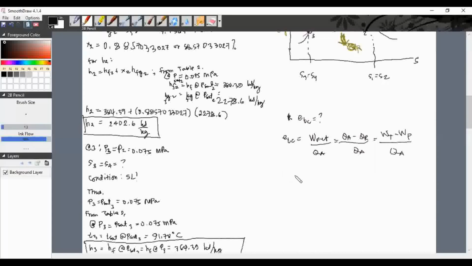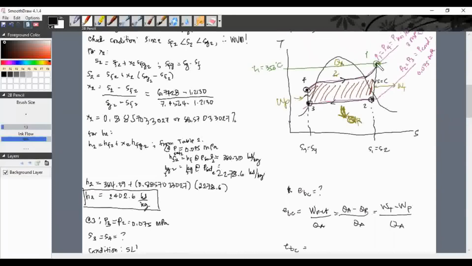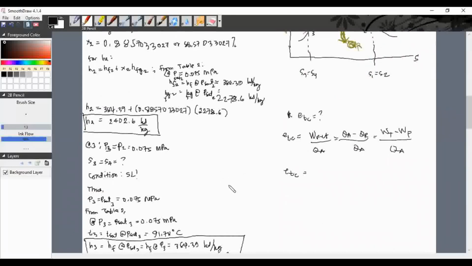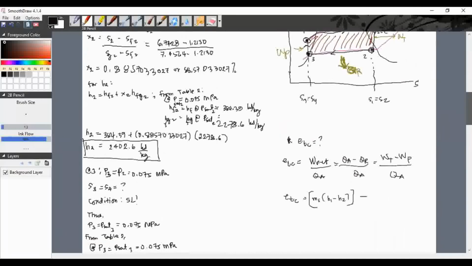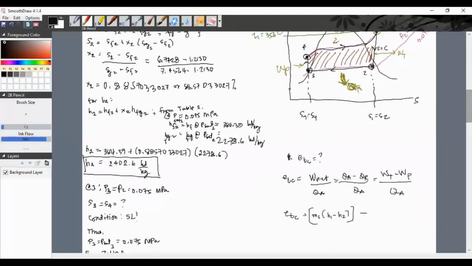So, E sub TC. So, work ng turbina, ayan, di ba? Ito yun, dito. So, that is H1 minus H2. So, work ng turbina is mass of steam times H1 minus H2. Minus work ng pump, no? Work ng pump is H4. Ayan, mas mataas yung 4. H4 minus H3.